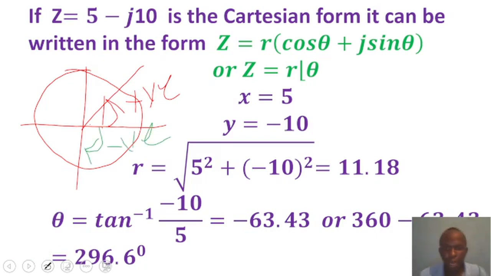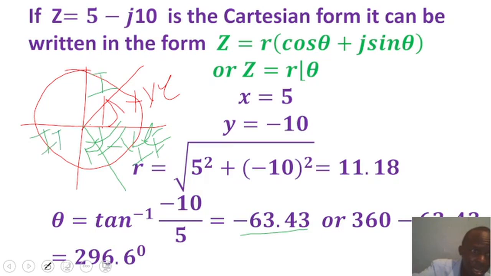We are seeing that our angle is negative 63.43, but we need an angle that is positive. It's negative somewhere here, minus 63.43. This is the first, this is the second, this is the third, and this is the fourth quadrant.